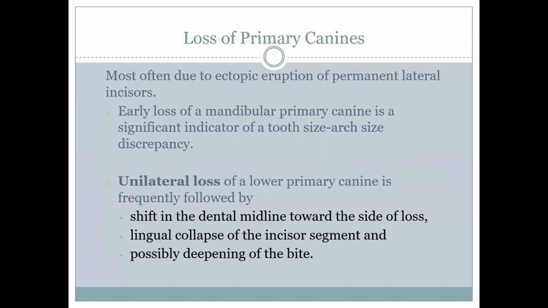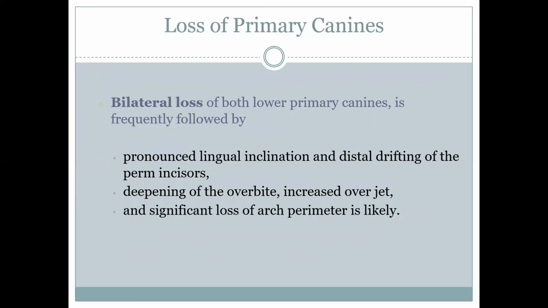Unilateral loss of a lower primary canine is frequently followed by a shift in the dental midline towards the site of loss. It can cause a lingual collapse of the incisor segment and possibly deepening of the bite. If there is bilateral loss of both lower primary canines, it is frequently followed by pronounced lingual inclination and distal drifting of the permanent incisors.